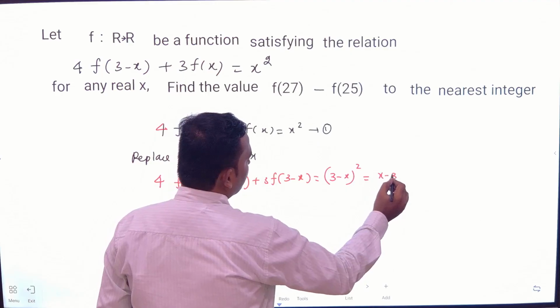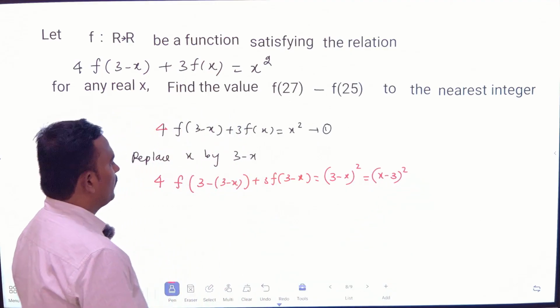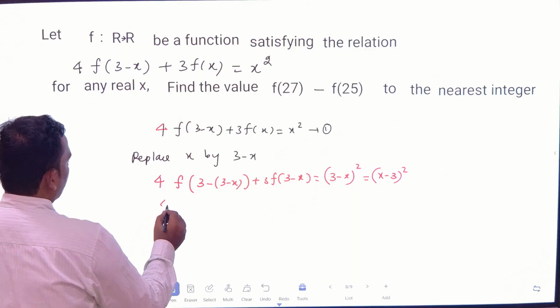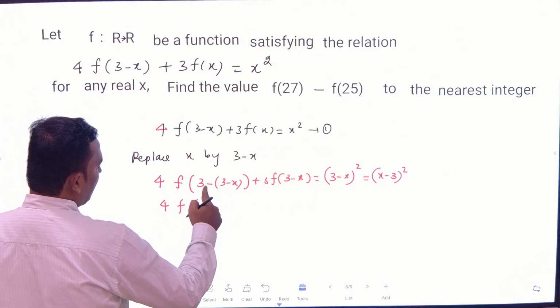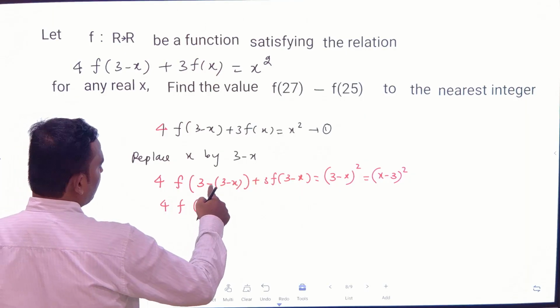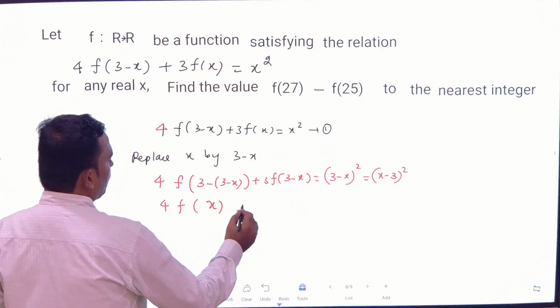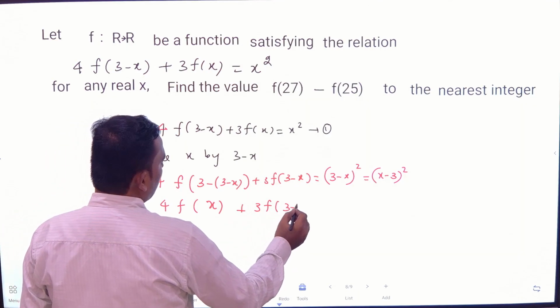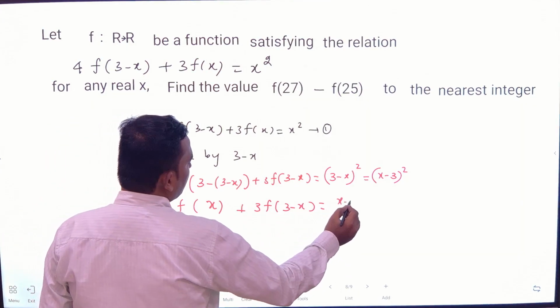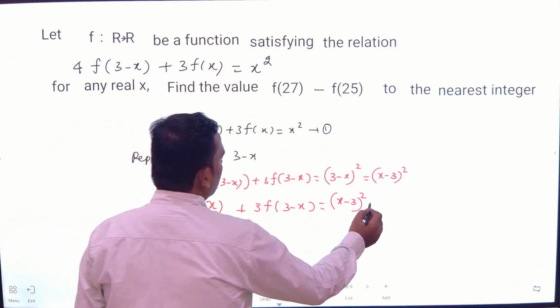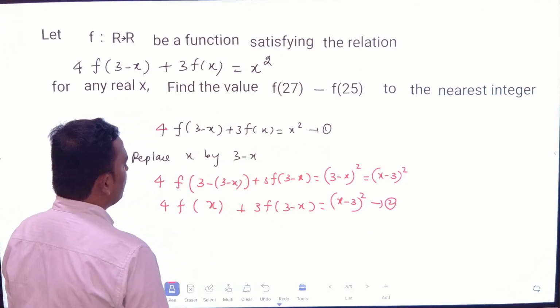Now simplify this. 4 times f of 3 minus 3 will be cancelled. Then minus into minus is plus, so this is f of x plus 3 times f of 3 minus x is equal to x minus 3 whole square. Let's take this as the second one.